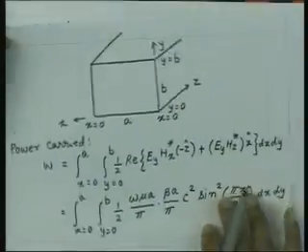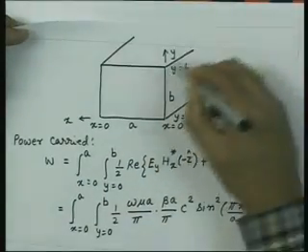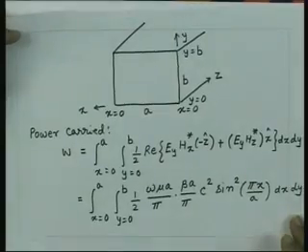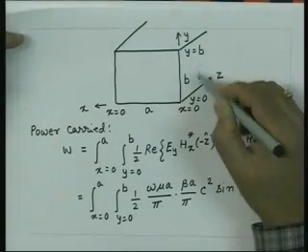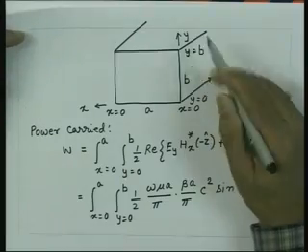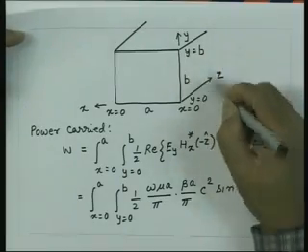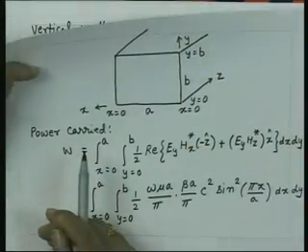So, if I calculate now the loss in these two walls per unit length of this waveguide, it is the integral of half Rs into |J|^2 on these walls, and since there are two walls, it will be double of that.